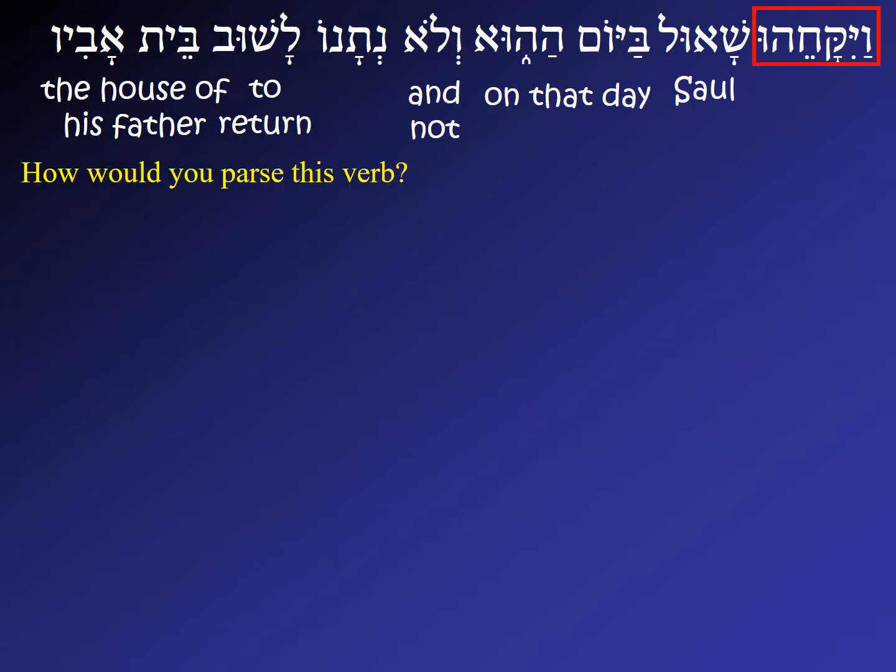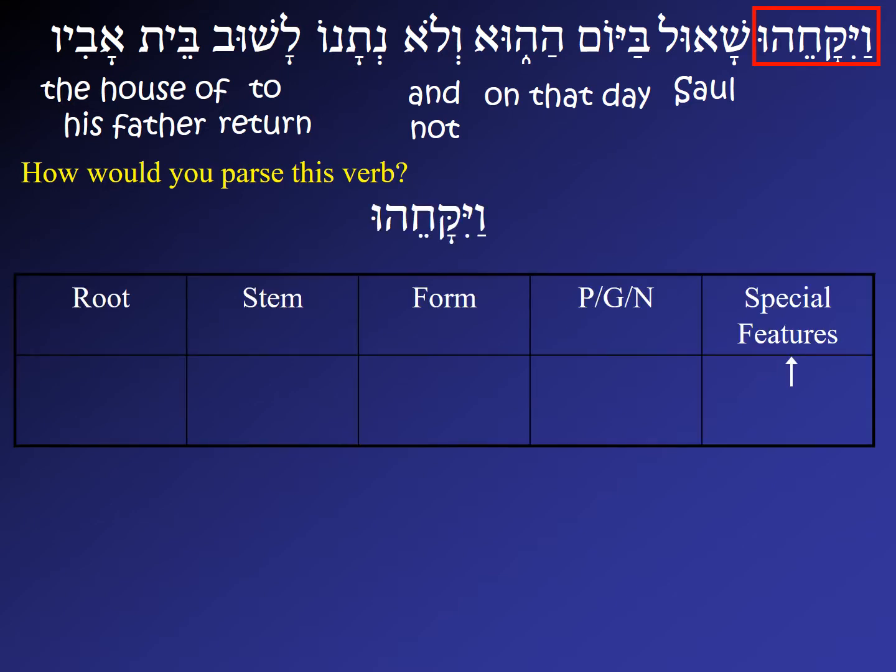Now we can look at this verb, vayikachehu. Let's start with special features. First thing you notice is we have vav, patach, and a double. So we're looking at a vav conversive. This also shows us that this is a prefix form. We have our yod prefix there and our vav patach double. So prefix vav conversive.